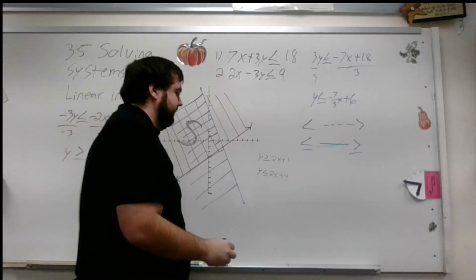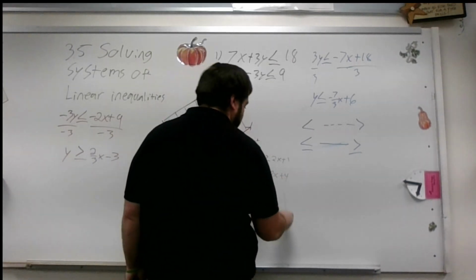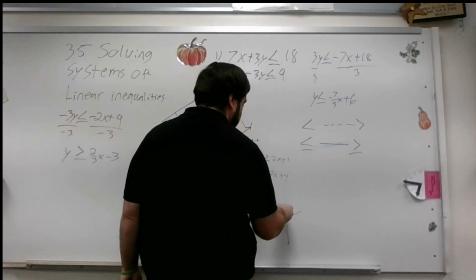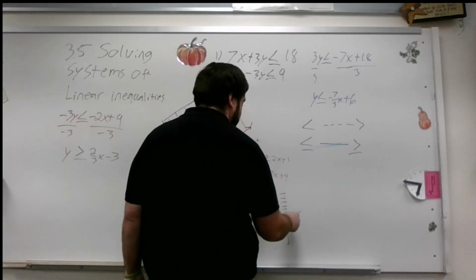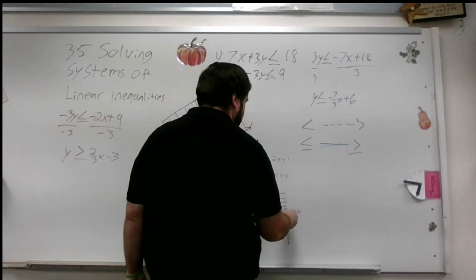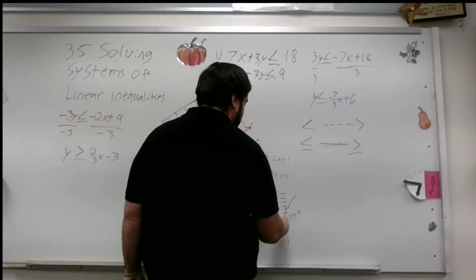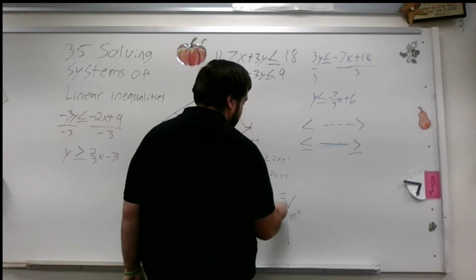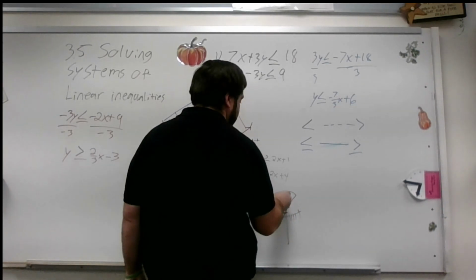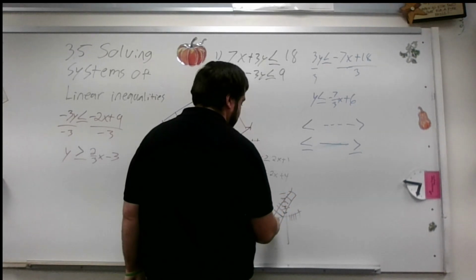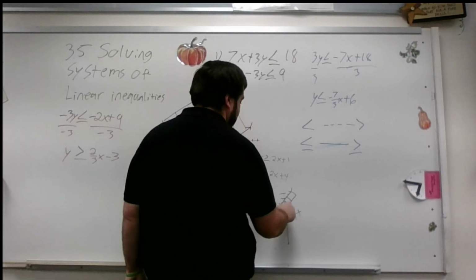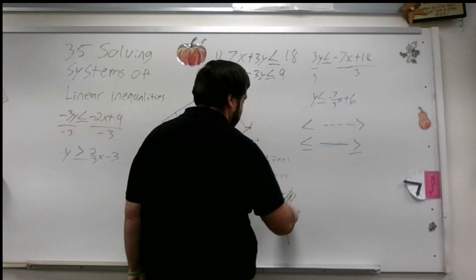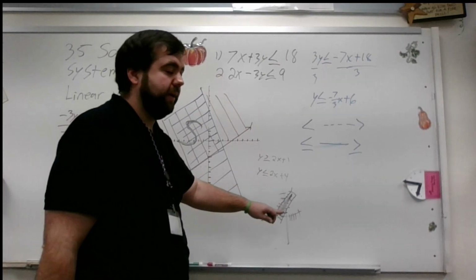If I had that, real quick, go here, 2 over 1, there's my line, saying it's greater than that. Here, up 2 over 1, here's my other line, saying it's less than that. This area between the lines would be my solution.